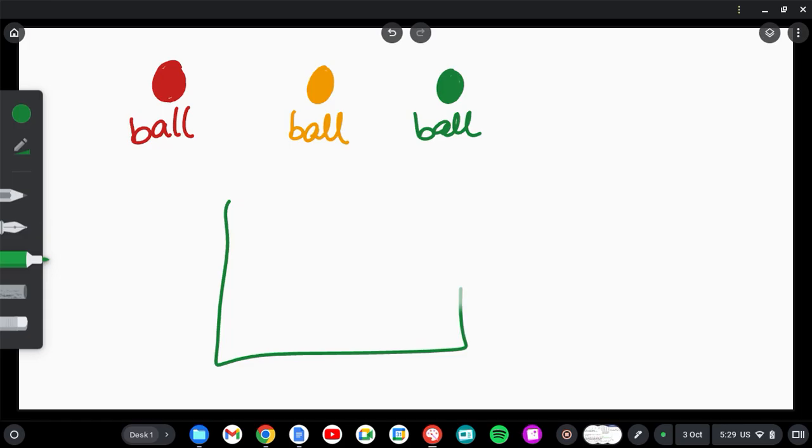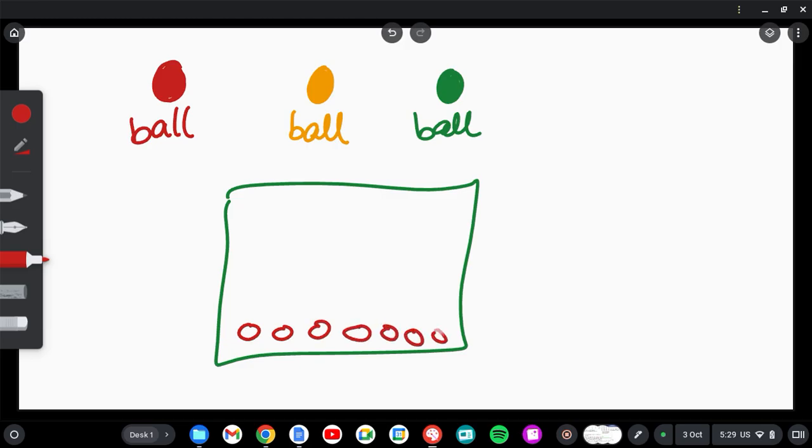Probability of picking a ball. So let's say I draw multiple balls here.